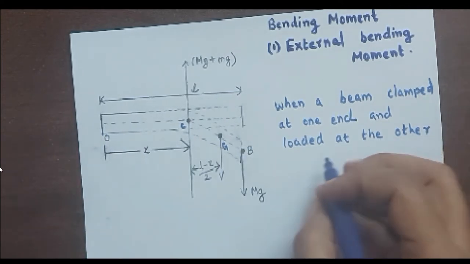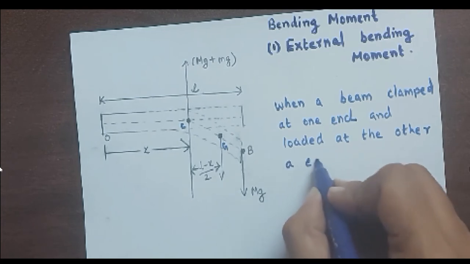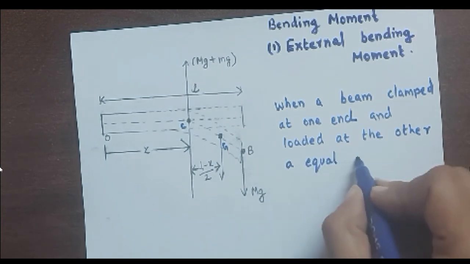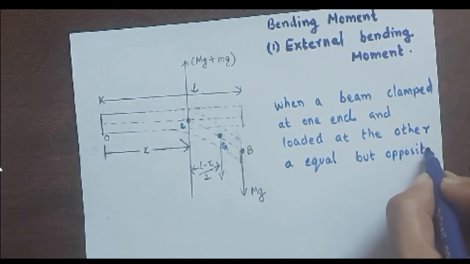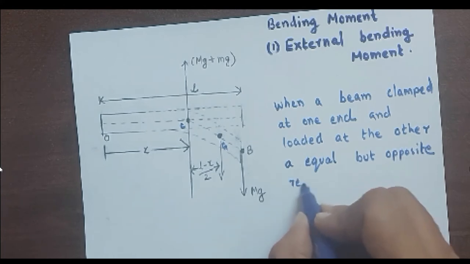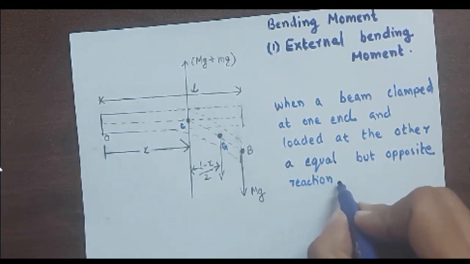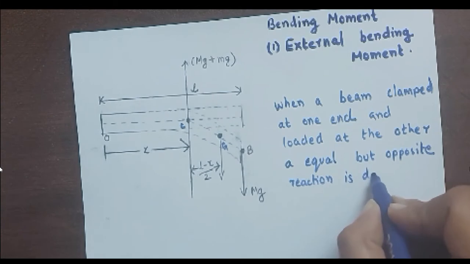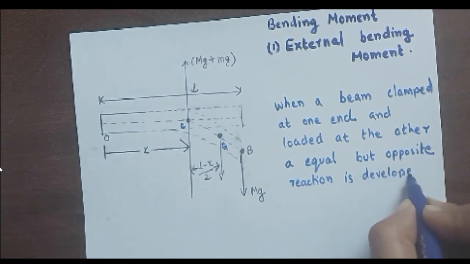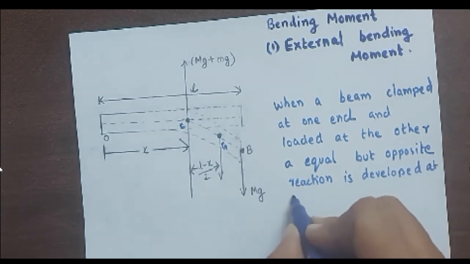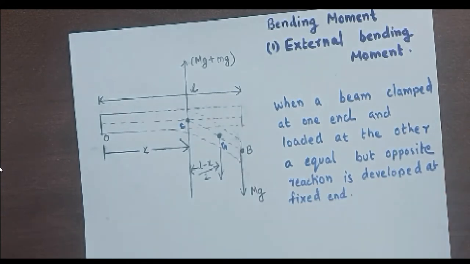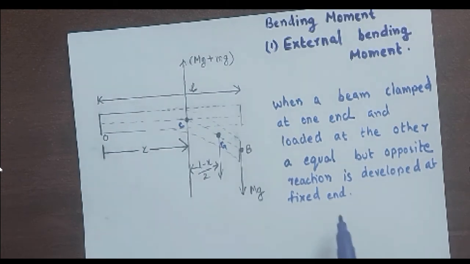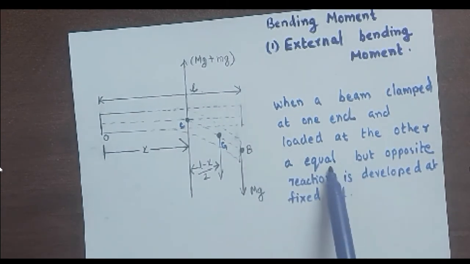At the other end, an equal but opposite reaction is developed at the fixed end. These two forces, meaning the equal and opposite reaction, are developed at the fixed end.